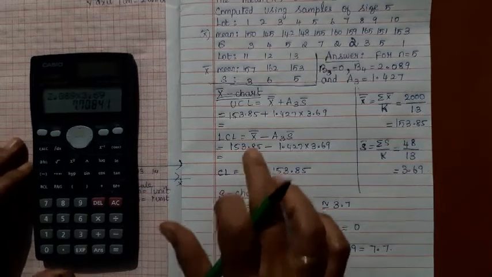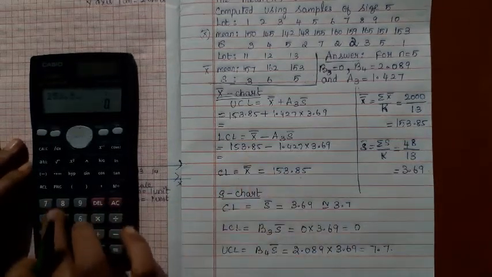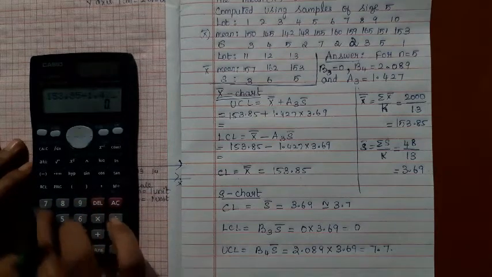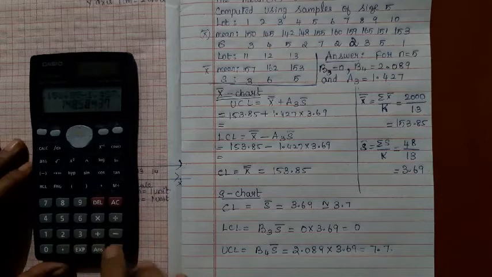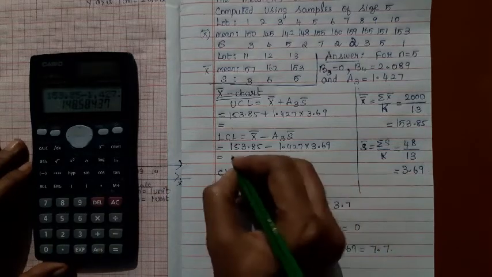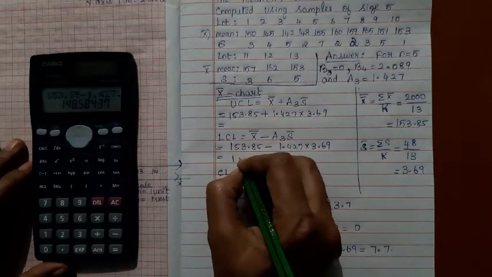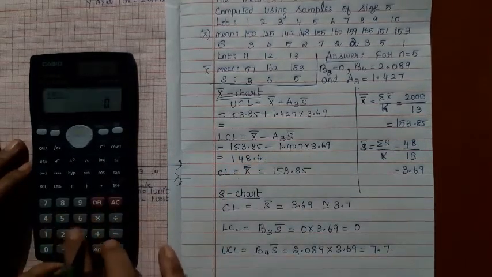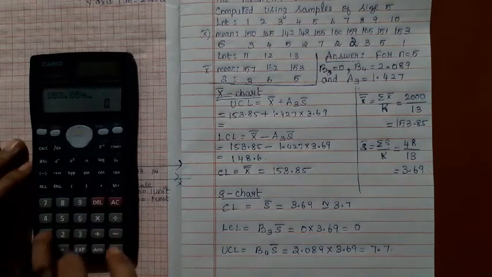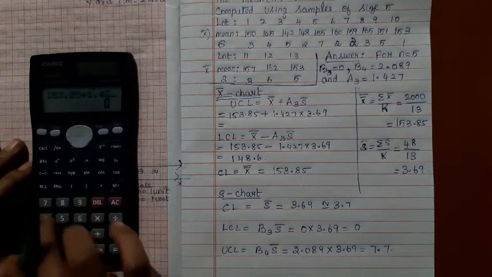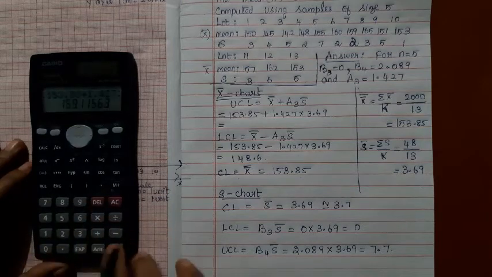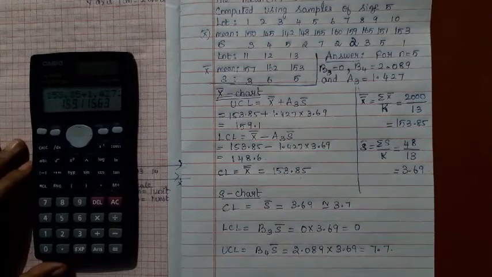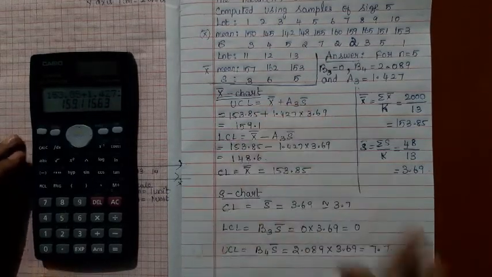I'll tell you how. 153.85 minus 1.427 into 3.69, so the lower control limit for the X bar chart is 148.6. Then 153.85 plus 1.427 into 3.69 is 159.1. Fine, so we have computed all the control limits.